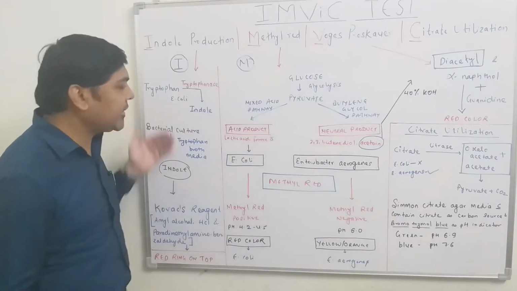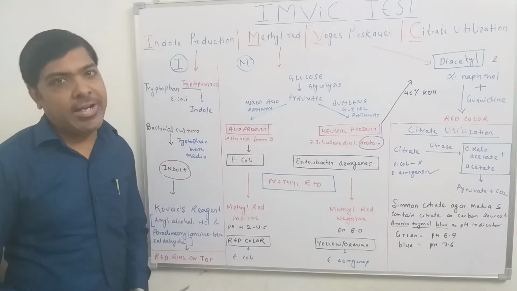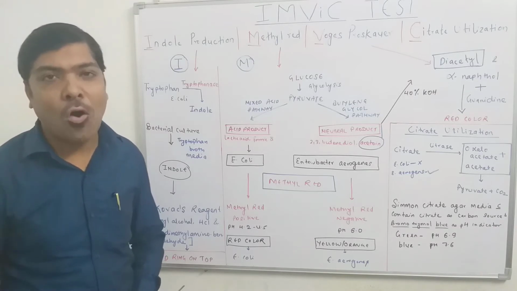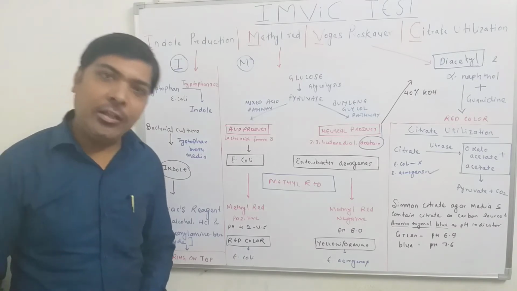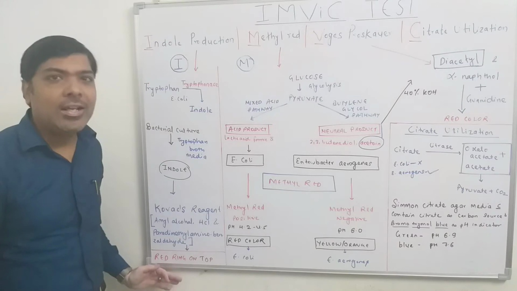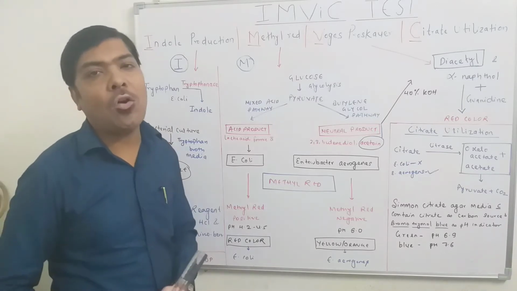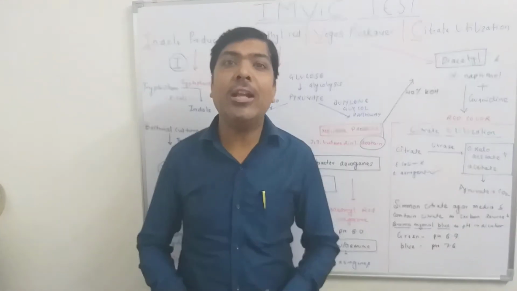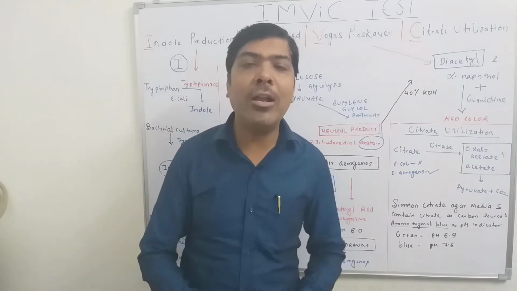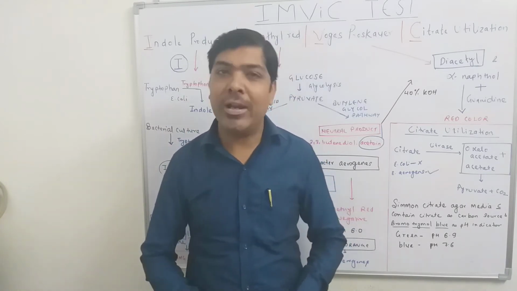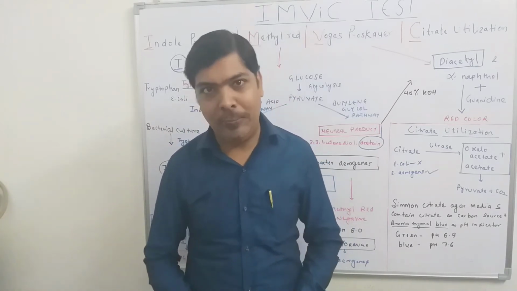So this is the first test used for the identification and characterization of E. coli. With the help of this test, we can differentiate whether in our sample E. coli is available or Enterobacter aerogenes is available.